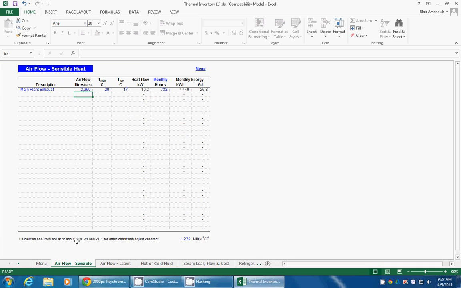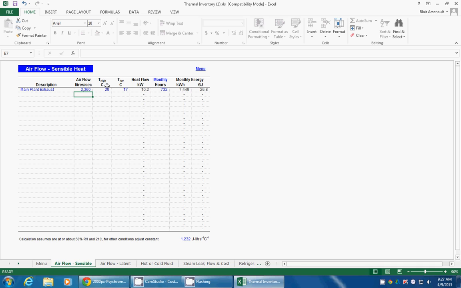Yeah, so this here assumes air at about 50% RH and 21 degrees C. So it doesn't go from... it's not at 50% RH for starters, it's at 100%.